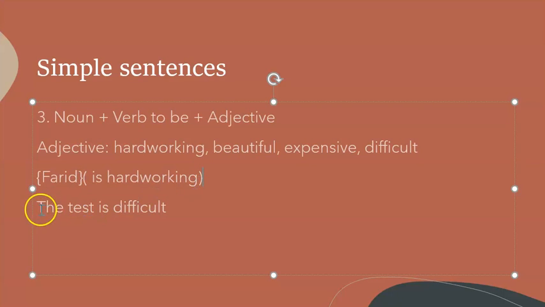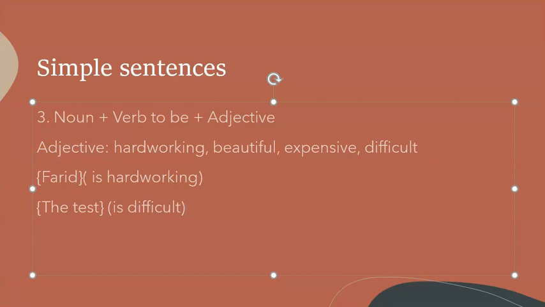Now the task. The task here is your subject. This is a noun, a thing. And then is difficult. What are you saying about the task? The predicate explains more about the subject. Is difficult. So this is the third way of writing simple sentences.